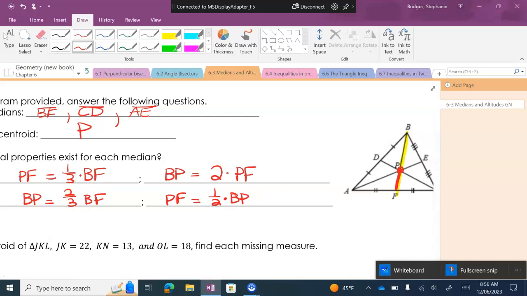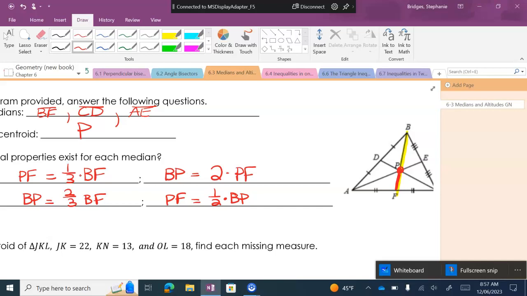Okay, so there's a lot of relationships here. Let me give you an example with this one I have drawn on the board. Let's say that's my centroid. If I told you that this whole segment, let's call it BF because that's what we're dealing with, if I said BF equals 9, and I wanted to find the length of these two smaller segments. The one from the centroid to the side is 1/3 of that. What is 1/3 of 9? 3, right? So that would be 3.